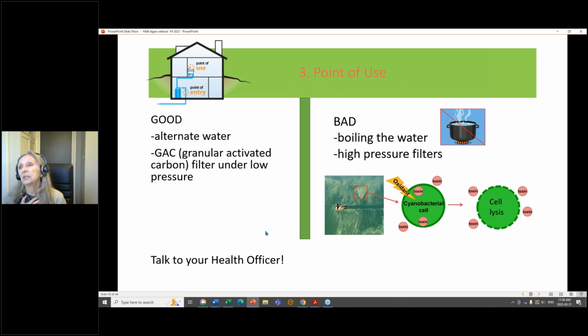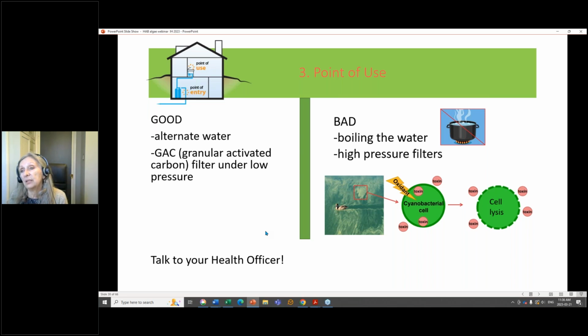So, point of use. If you know that there are cyanotoxins present in the water, you can offer or suggest alternate water for those that are especially vulnerable. As always, that's the elderly, the very young, those with compromised immune systems, or some form of allergic response to a cyanotoxin.